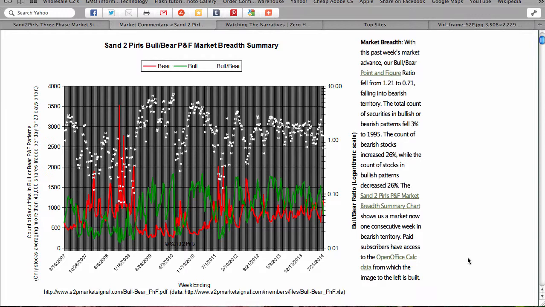The count of bearish stocks increased 26%, while the count of stocks in bullish patterns decreased 26%. The Sand to Pearls PNF Market Breadth Summary Chart shows us a market now one consecutive week in bearish territory.